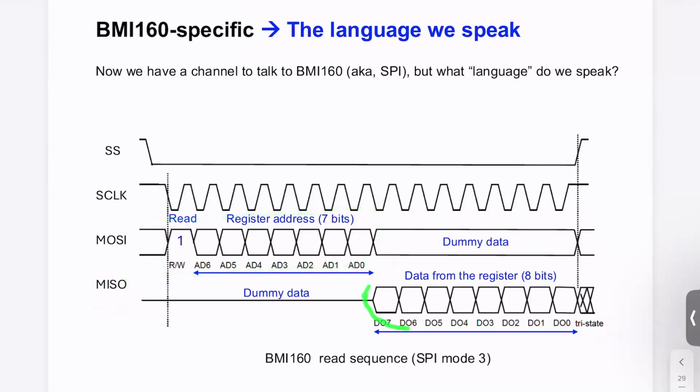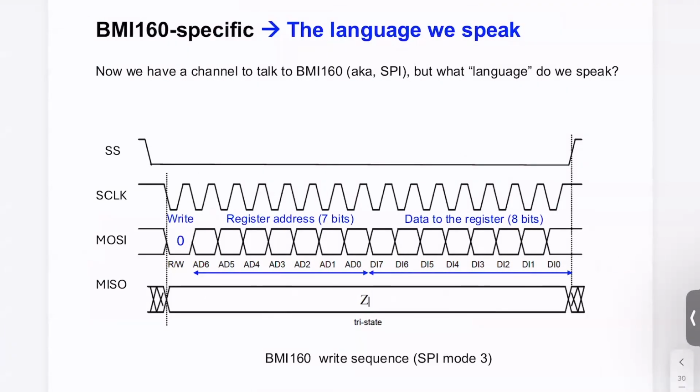It's going to send you back the data in that register you are reading. So in summary, in SPI read, the master starts with a read bit, then provides your register address. Once the sensor gets that address, it's going to respond with the data in that register. That's the read operation.